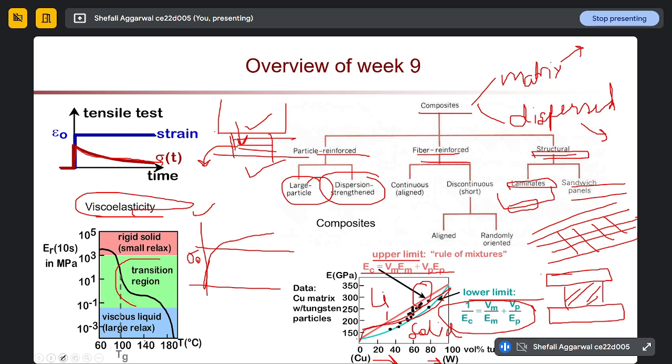So that's how you get this upper and lower limit. Okay.